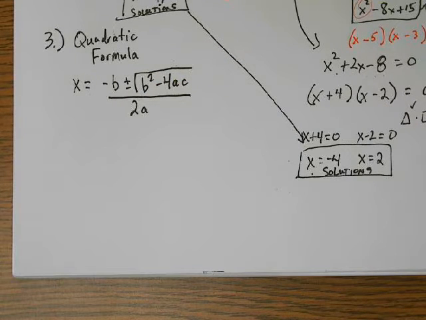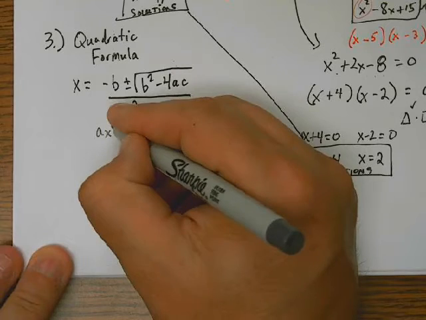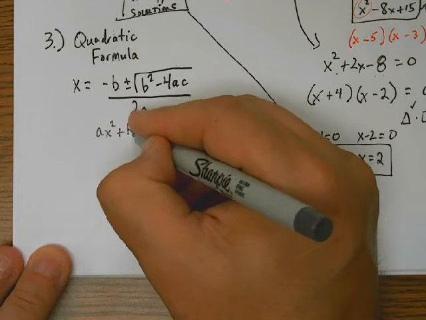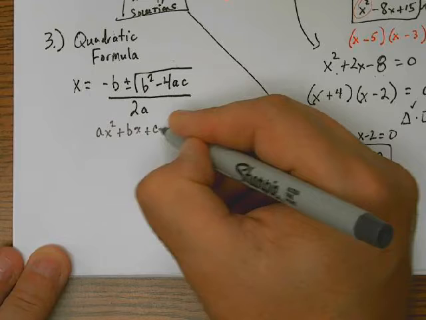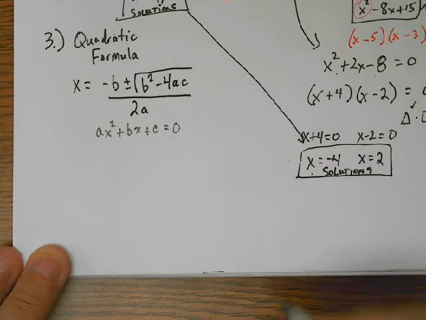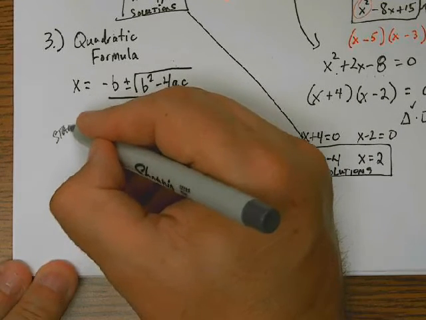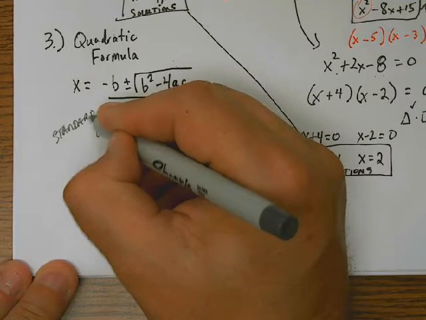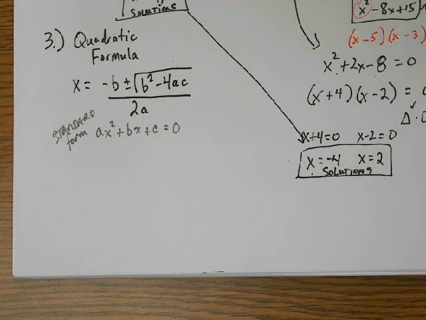That's the quadratic formula. Now, where is that derived from? Why in the world is that the quadratic formula? Well, write this down: ax squared plus bx plus c is equal to 0. That is called the standard form of a quadratic function or a quadratic equation.